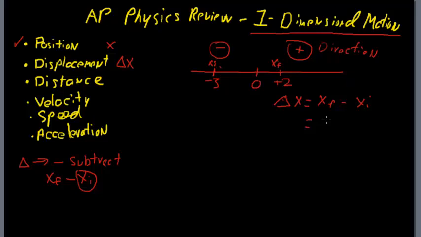My final was a +2, and I'm going to subtract my initial position, which is a -3. Okay, it's not a very good plus sign right there. So what I end up getting is my change in position, or my displacement, being +5. Okay, displacement, change in position, covered.